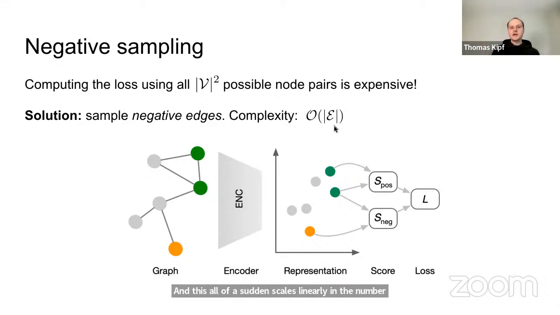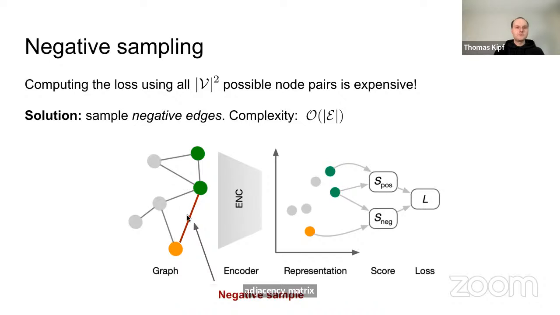This is basically how all practical link prediction methods are trained, because you cannot afford to look at the full adjacency matrix. The negative example here would be this edge here, that these two nodes are not connected.